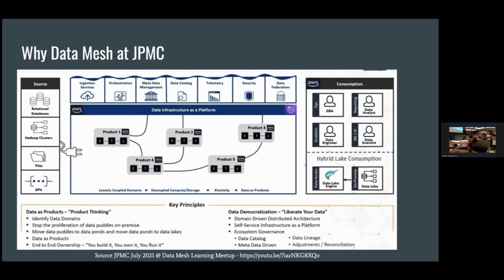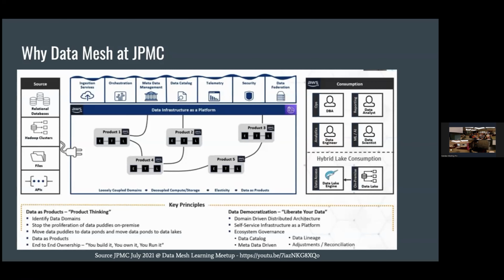So this is an example from JPMC. Let's talk about why they chose to go down the path of data mesh. I don't know how easy it is to read, but the key priorities down below, the two big items, are data as a product, where they want to change the way people think and treat their data as a product. And the second one is around liberating the data.